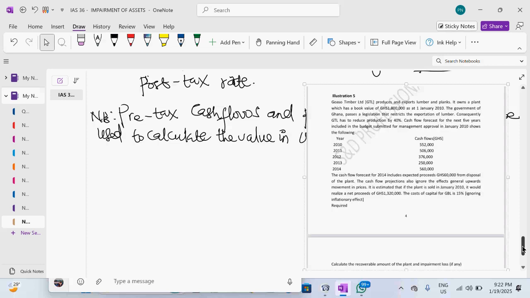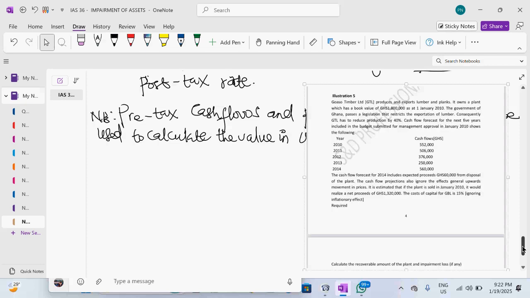The cash flow forecast for 2014 includes expected proceeds of 60,000 from disposal of the plant. The cash flow projections also ignore the effect of general upward movements in prices. It is estimated that if the plant is sold in January 2010, it would realize net proceeds of 1,320,000.